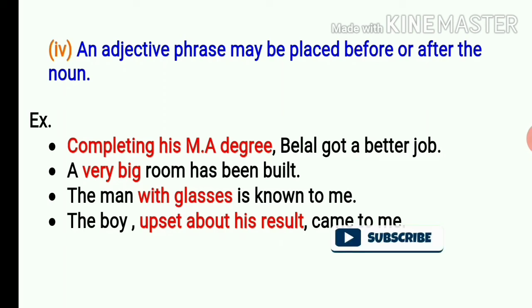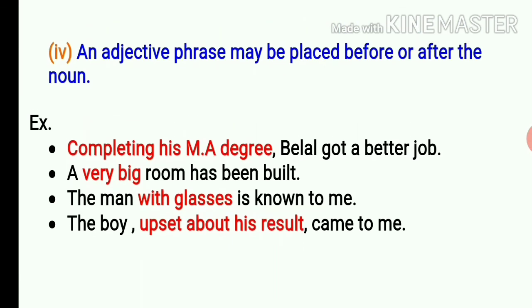When did she get a better job? The answer is like that, completing his MA degree. So, in this sentence, completing his MA degree serves as an adjective phrase which has pre-modified the noun Bella.